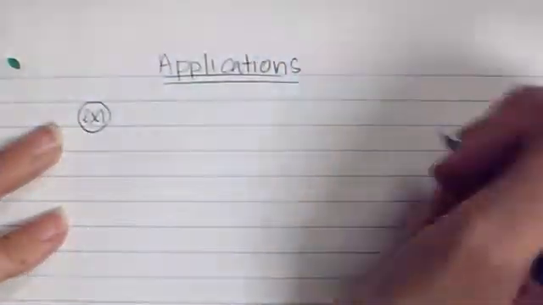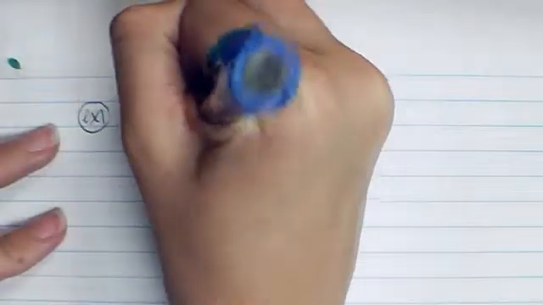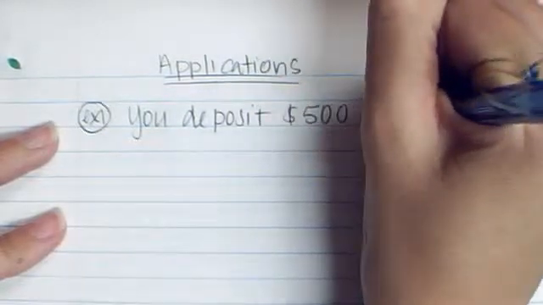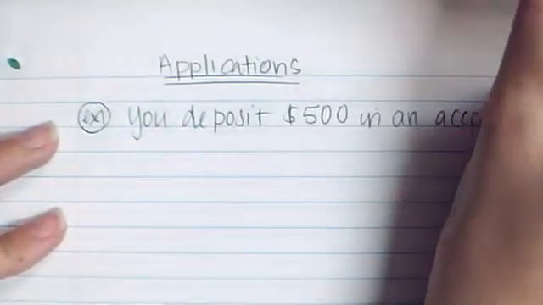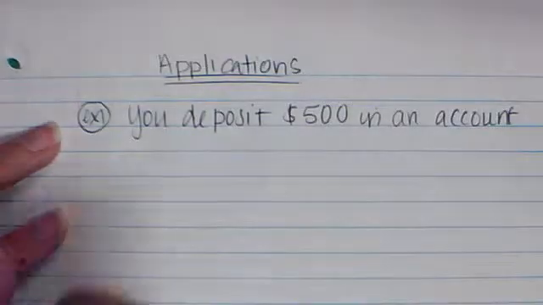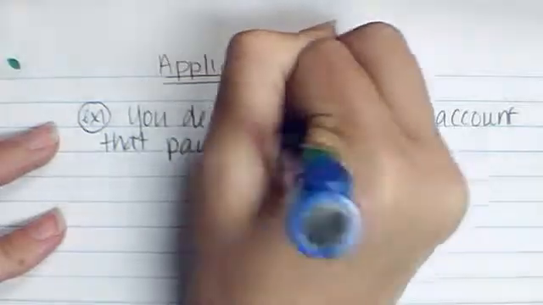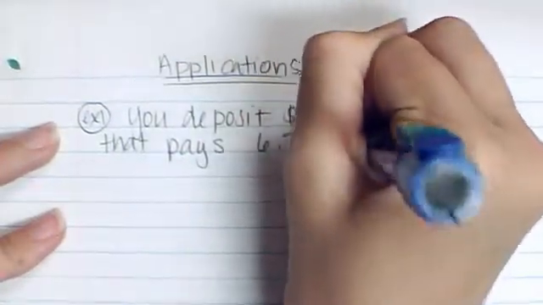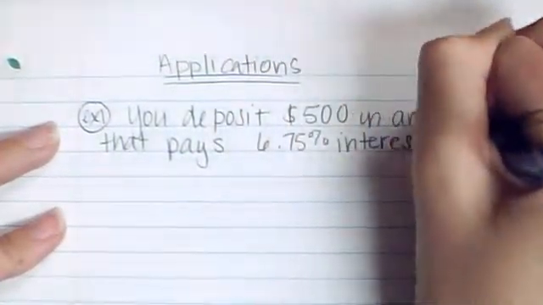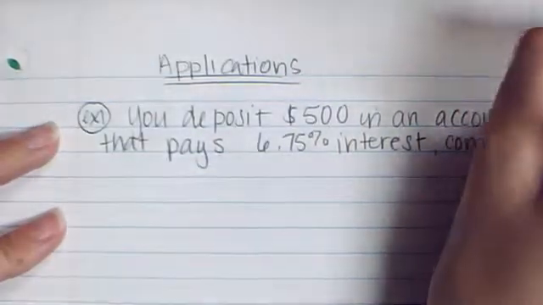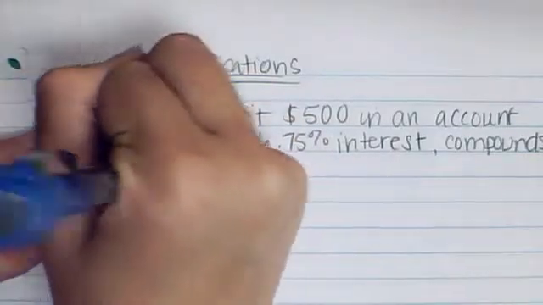Today in pre-cal we talked about the applications of exponentials and logarithmic functions. Two different examples. The first one was about doubling an investment. So you deposit $500 in an account that pays 6.75% interest and compounds continuously.